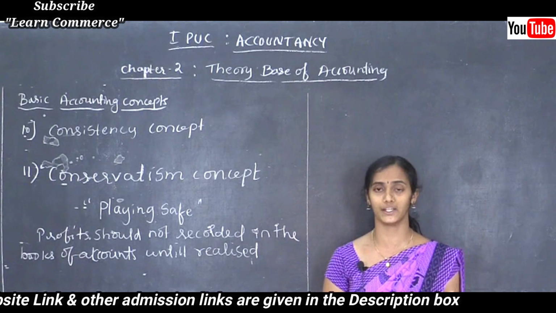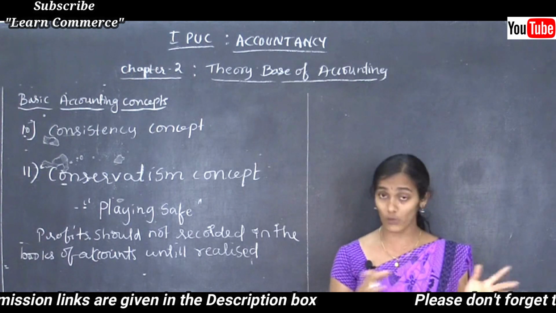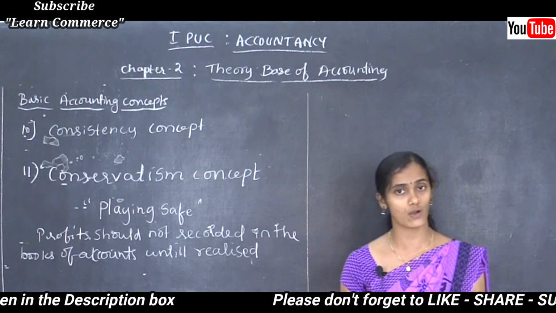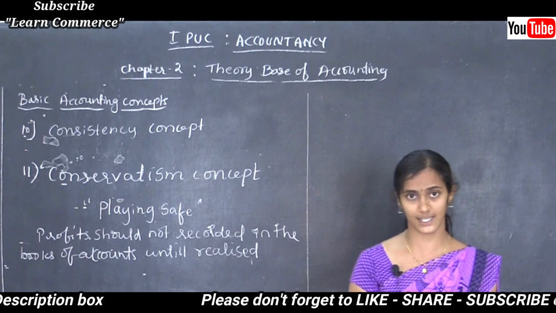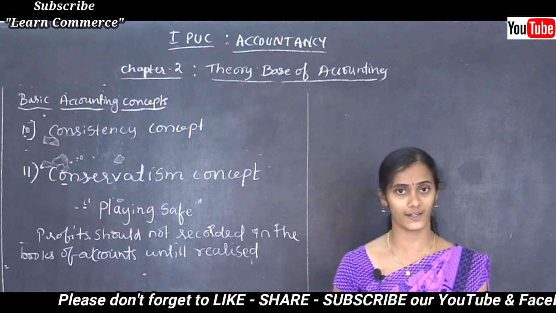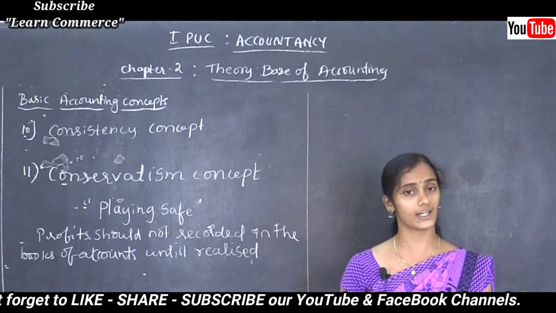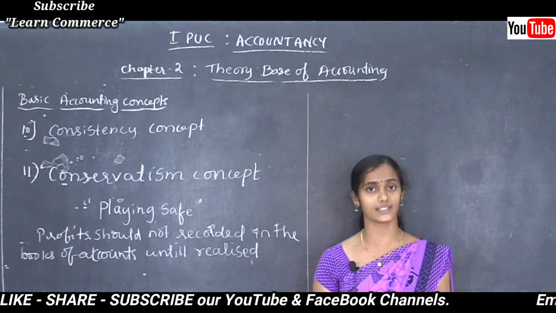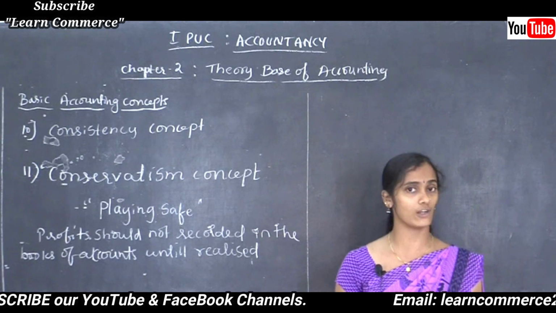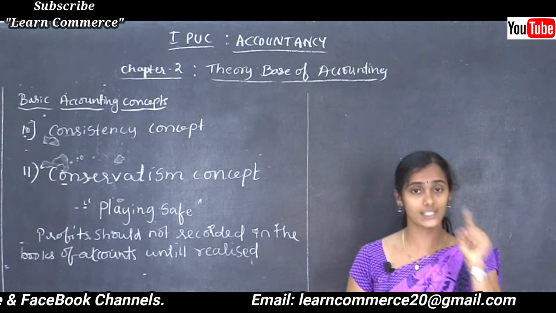Suppose an asset of an enterprise, like inventory, was purchased for rupees 2,000, but now the same inventory is available for just 1,500. Then the firm should immediately write down the value of the asset to 1,500, which is lower than the cost.